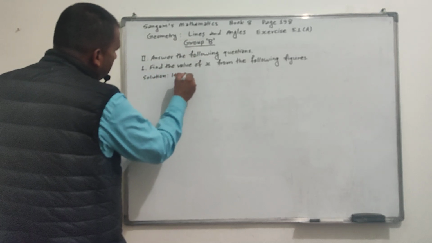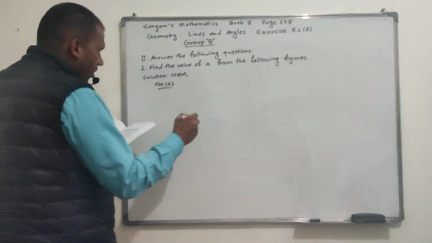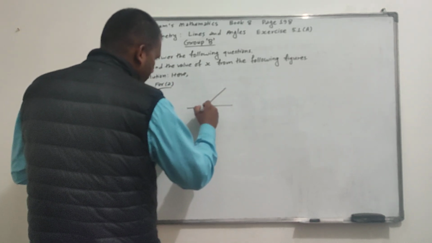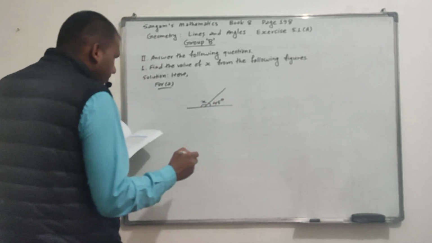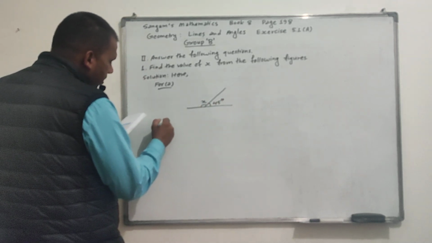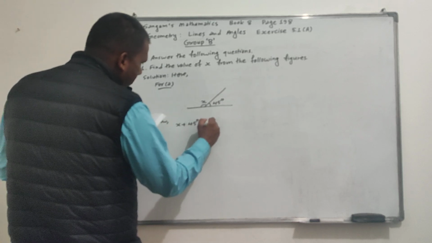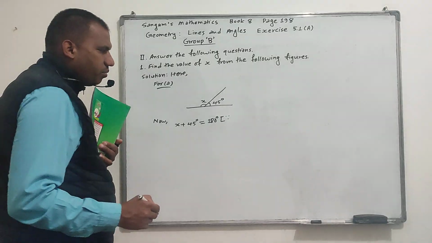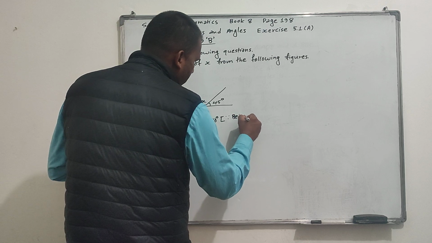Here, for A, on this line there are two angles, x and 45 degrees. Now x plus 45 degrees equal to 180 degrees, being linear pair or supplementary angles, we can write any one.